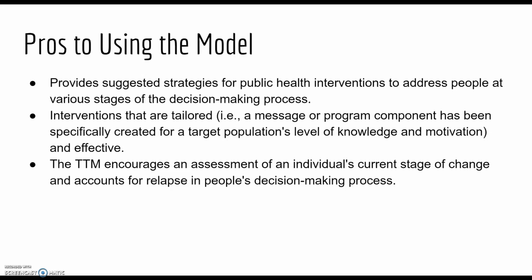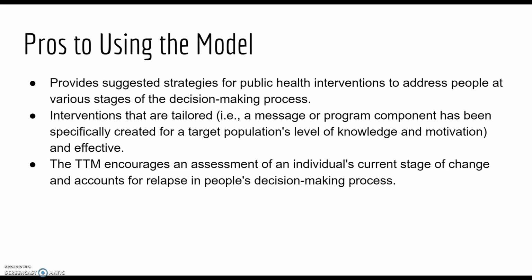So, pros to using this model, this was pulled from the Boston School of Public Health as well. This model provides suggested strategies for public health interventions to address people at various stages of the decision-making process.